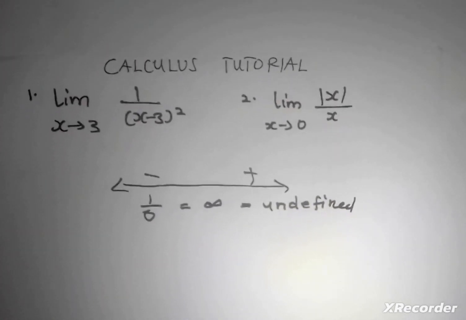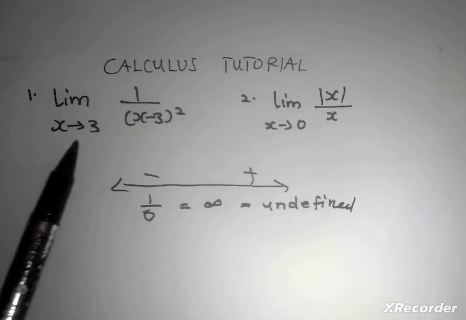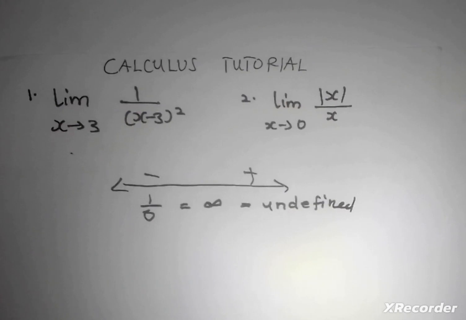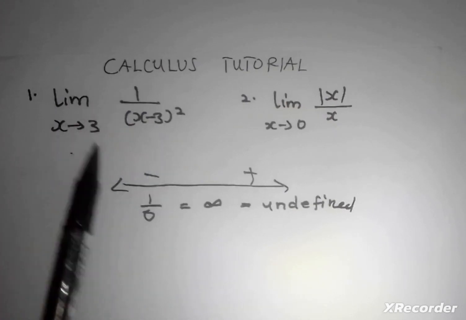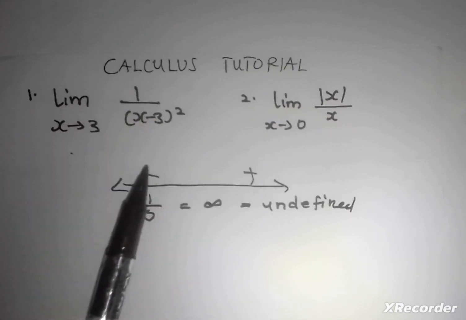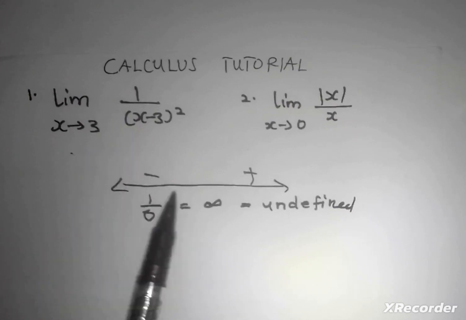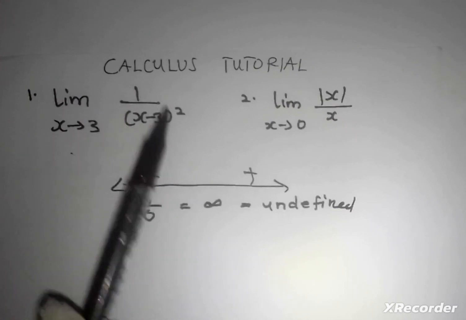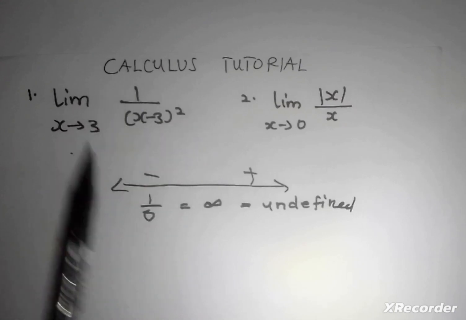So let's see our first question. As x approaches 3 here, straight away, we can't simplify this anyway. Normally, if they give you a function, you first have to simplify it to eliminate any way that's going to cause you to get undefined. But in this case, 1 over (x minus 3) all squared, you can't simplify it anyway.